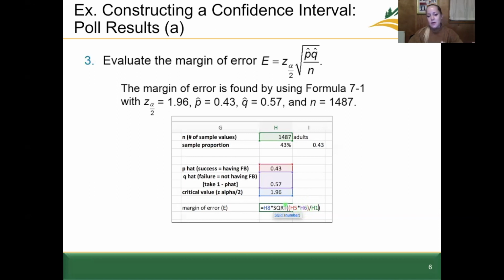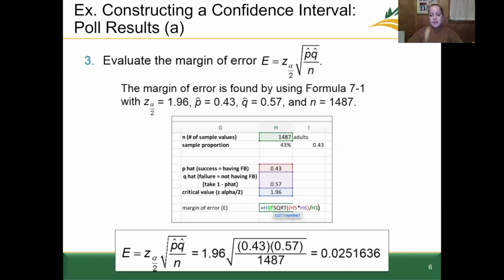I'm taking the square root of all of this, then multiplying that by my critical value, or 1.96. You can definitely do this on a calculator too, but I wanted to show you how you can set this up using Excel. I think it's a nice way to do it. If you put all these values into your equation, we should get 0.0251636. So there we just solved for the margin of error value.